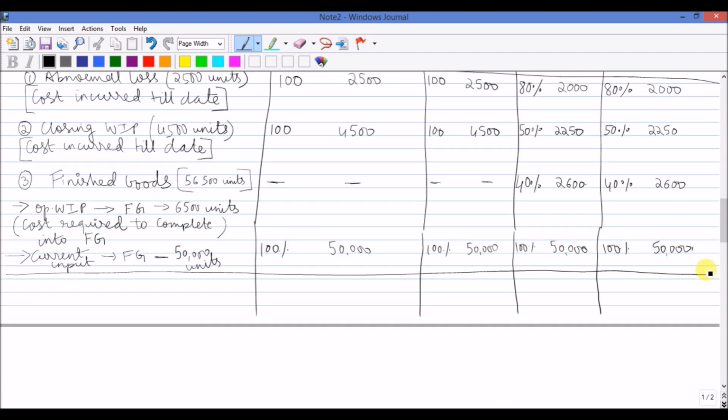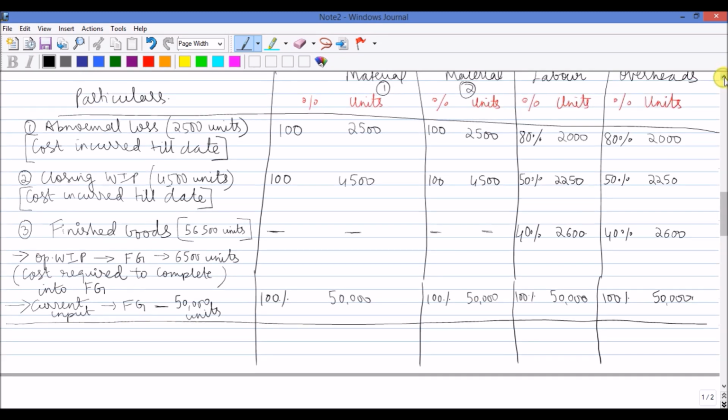Now what I am going to do is I am going to get the total units. So I'm highlighting for you all. Okay, this is the highlighter. Okay, so this and this I'm going to add, this and this I'm going to add, and all these things which I am shading I'm going to add.